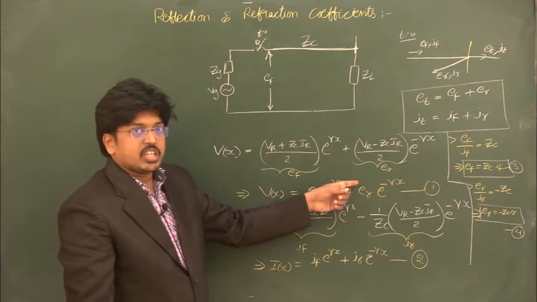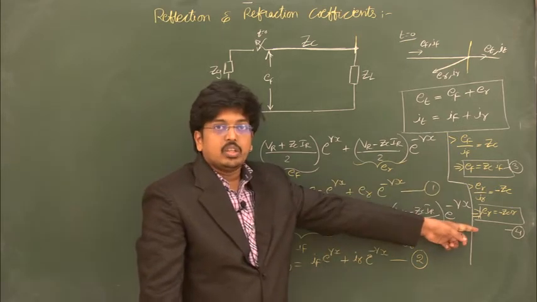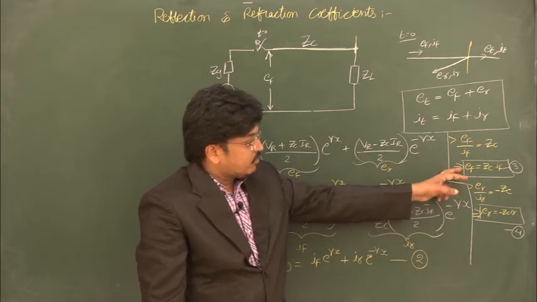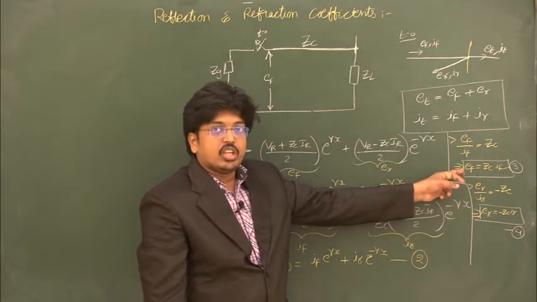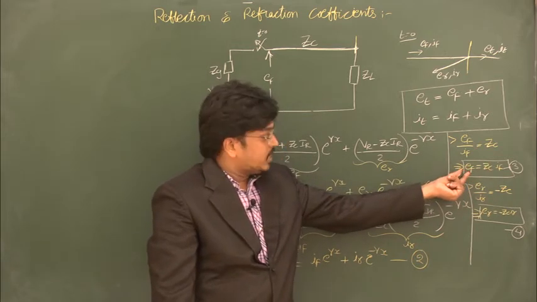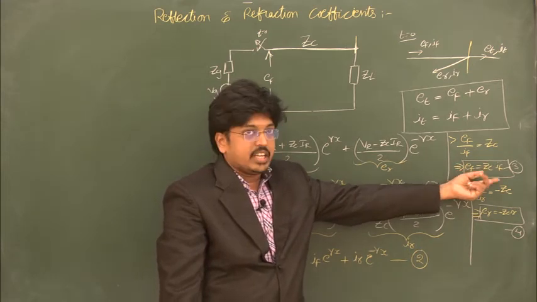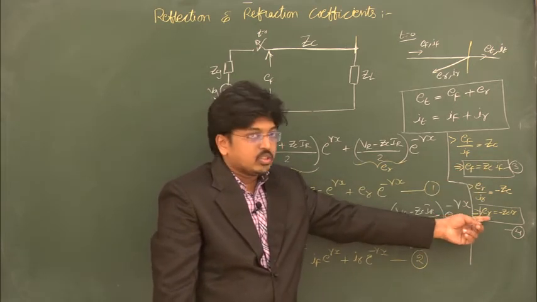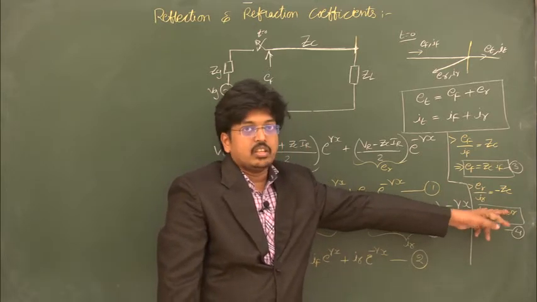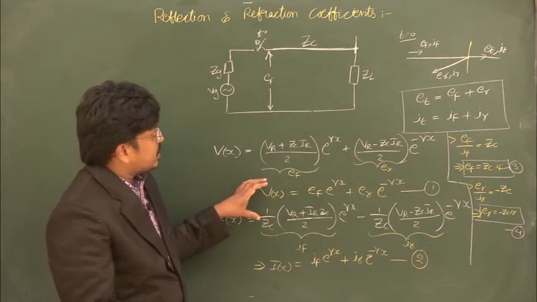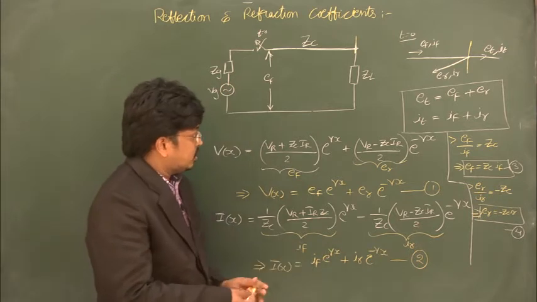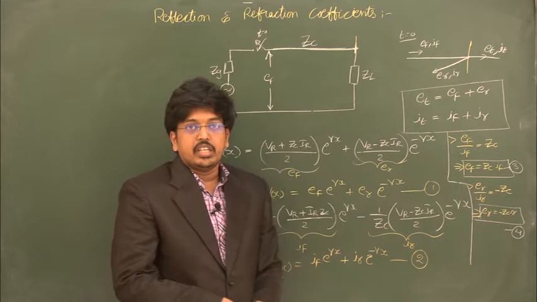These four equations are used to calculate the reflected voltage, reflected current, as well as the forward voltage and forward current. Forward voltage is calculated using EF equals Zc IF. Similarly, the reflected voltage can be calculated if you know the reflected current: ER equals minus Zc into IR. These are the basics used for calculating the reflection and refraction coefficients: equations 1, 2, 3 and 4.